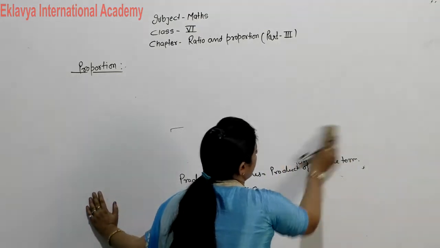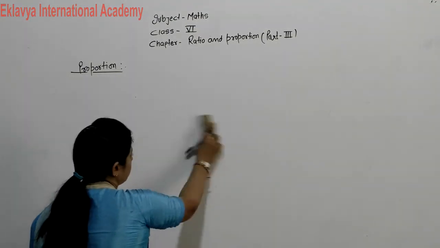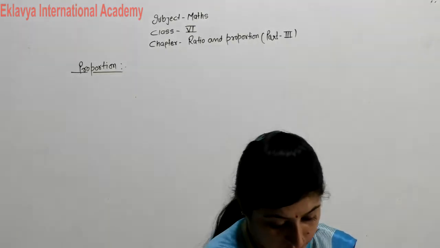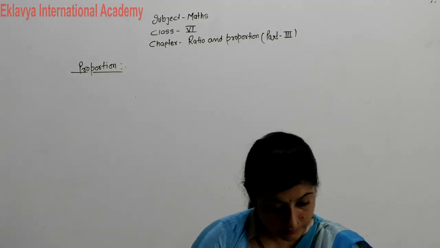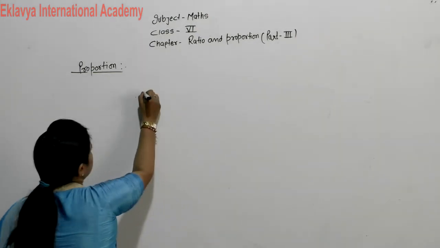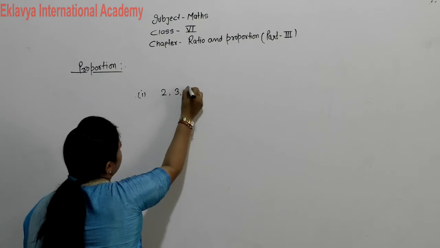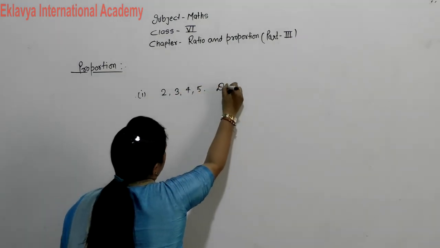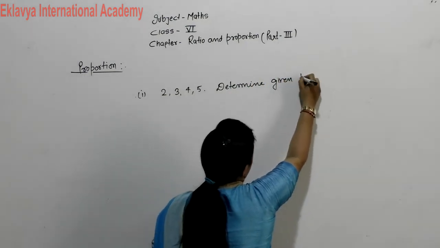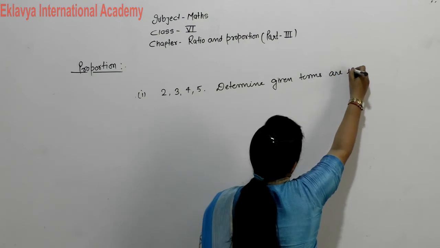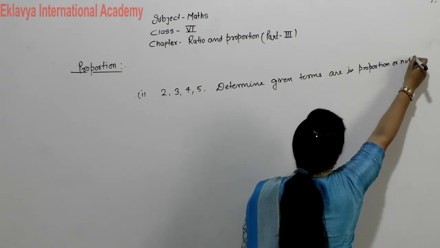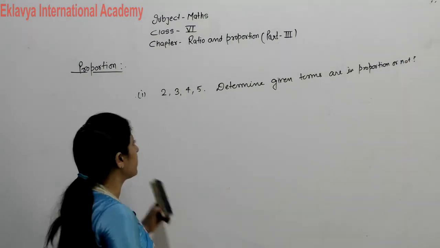Now we will solve the questions related to the proportion. Determine if the following are in proportion or not: 2, 3, 4, 5. How to determine?